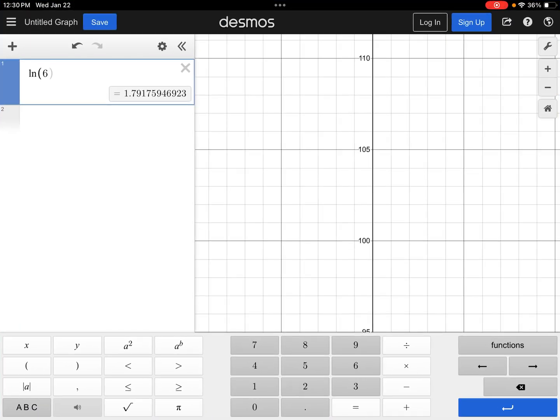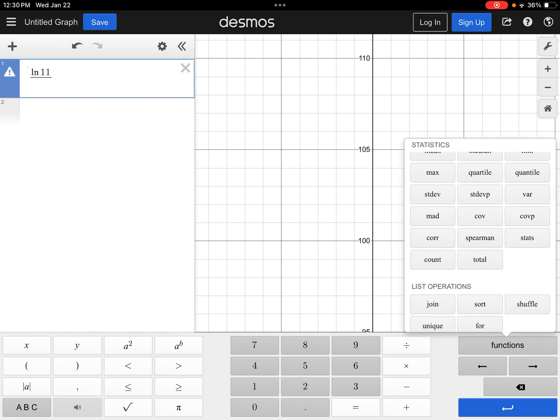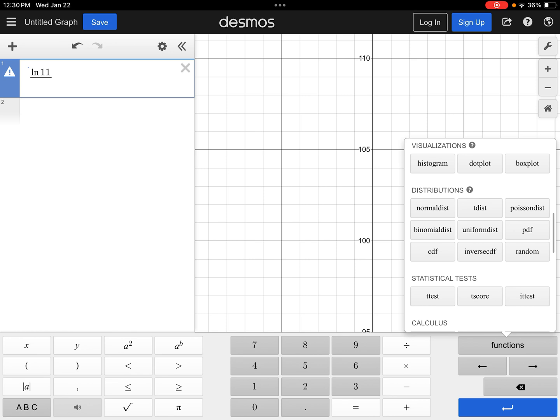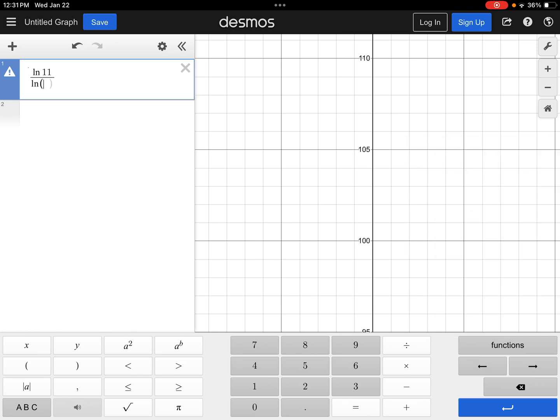So I need to do the natural log of 11. I'll just go ahead and adapt this one, divided by the natural log of e.